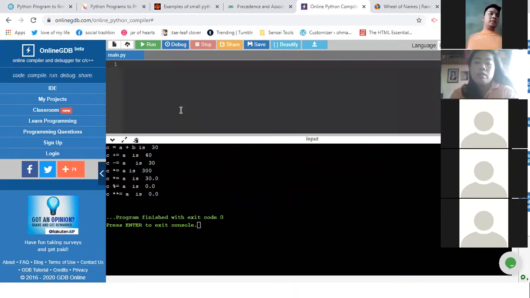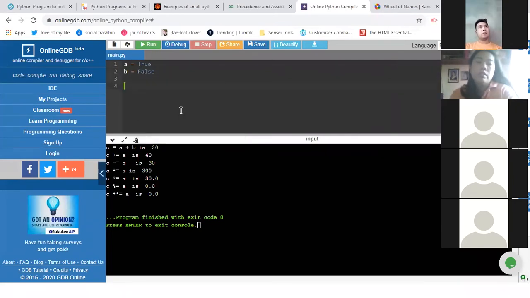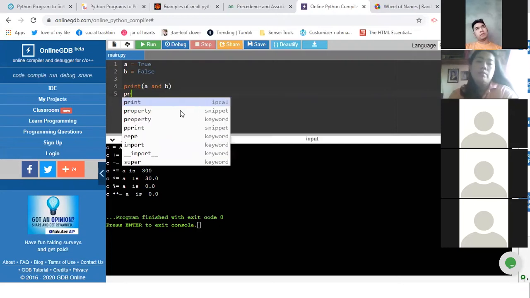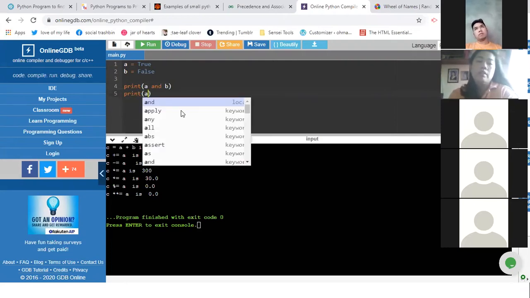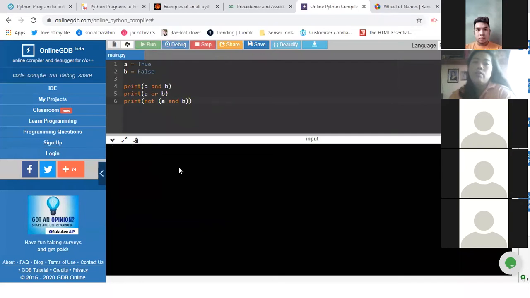So A, say A is true. B is false. So print A and B. Print A or B. Okay, the answer kanina is false, true, true.